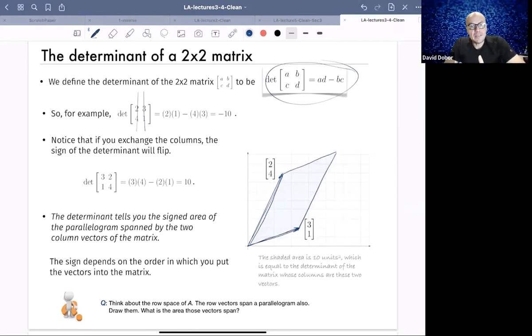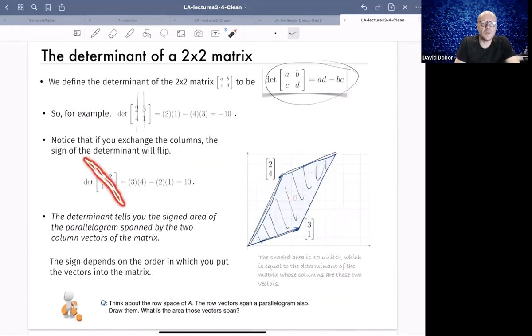Now that figure, the parallelogram, has an area, if the two vectors are not parallel to each other. Well, that area is what the determinant measures. It's a good exercise in high school geometry to see that the area of this parallelogram is 10.